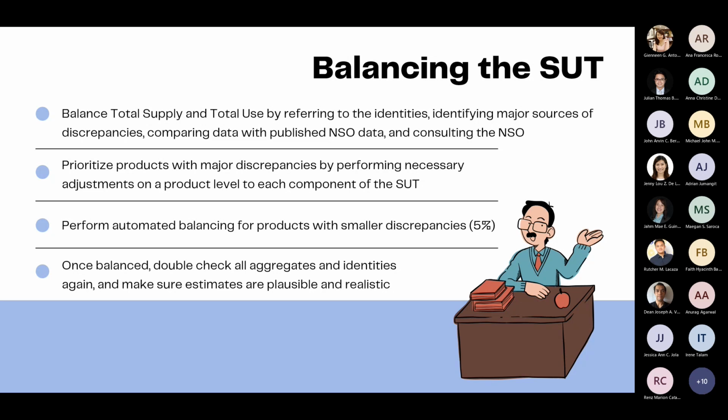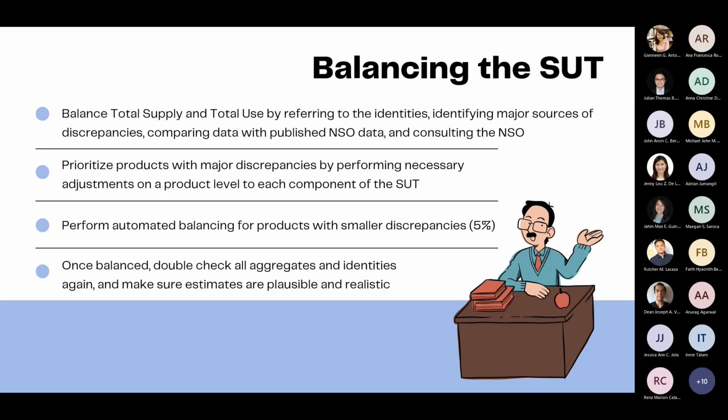You can consult the NSO regarding the figures provided or figures you estimated, and make use of other data sources as well, such as studies or other surveys. Okay. And finally, you review and corroborate data with published data.